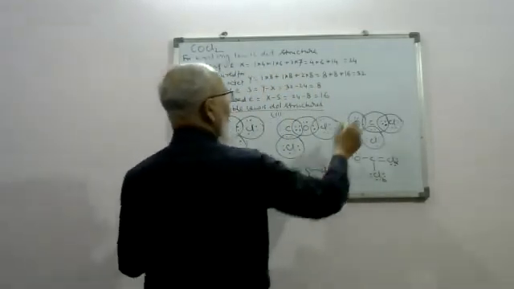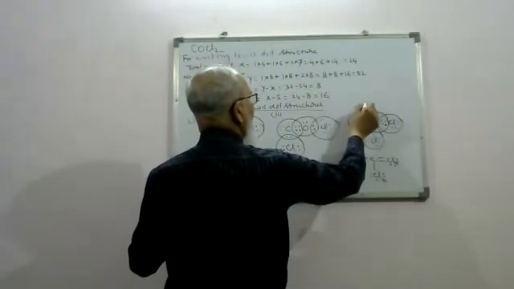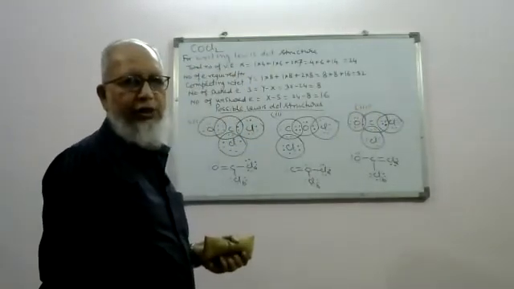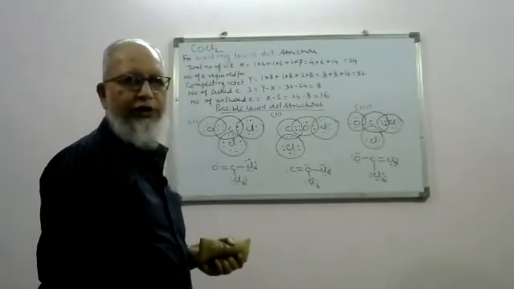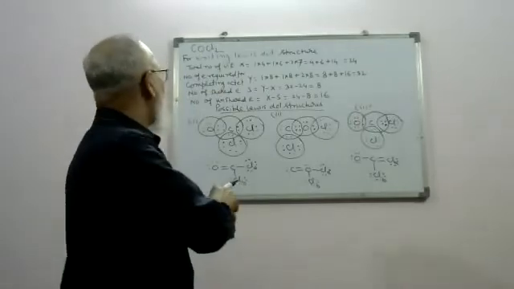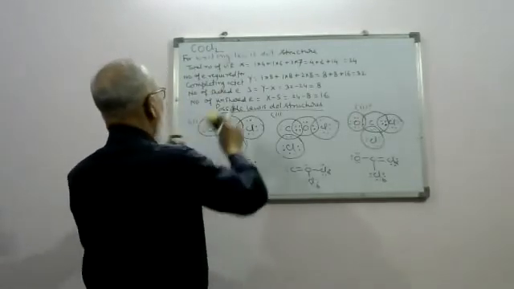So these are the three Lewis dot structures for carbonyl chloride, which is also known as phosgene. And on the basis of formal charge, you have to decide which of these Lewis dot structures will be the correct one.